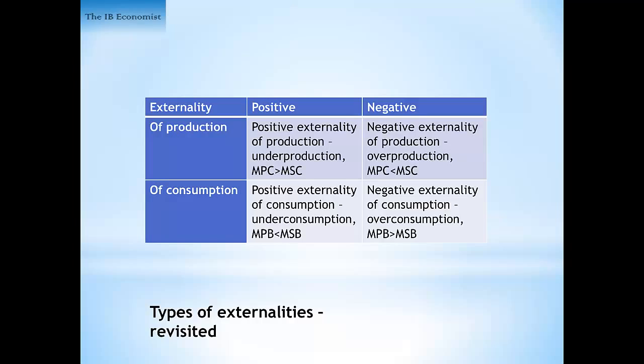The second negative externality is of consumption. When we have negative externality of consumption, we are over-consuming a good. This is because the marginal private benefit is greater than the marginal social benefit. And as a result, the benefit for the individual, the consumer, is much greater than the benefit for the society.